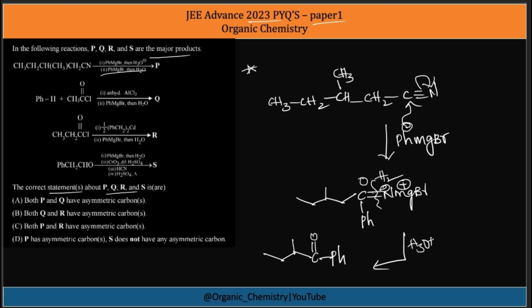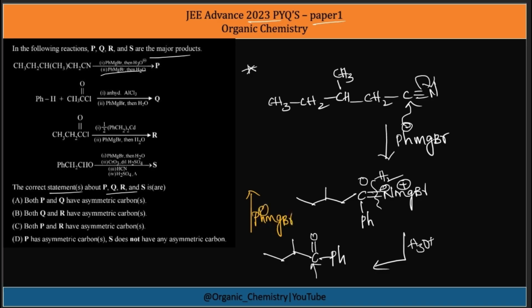So what will happen here? Again, this Ph minus will attack on this carbon, and we'll get the alcohol. All right, tertiary alcohol. Let me write it over here only. It will be clear for you. PhMgBr, right?